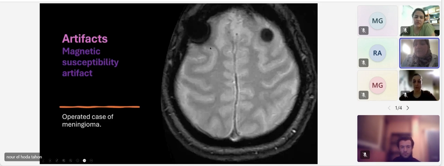It obscures your imaging in this part, but you have to identify it, and we mention this in our report, and that's it. What should we do? We cannot assess this part because there is susceptibility artifact.